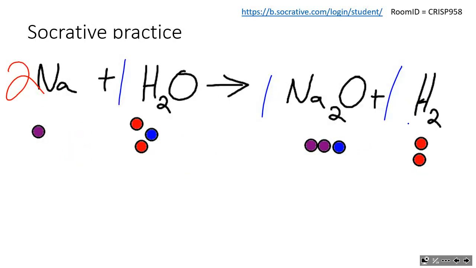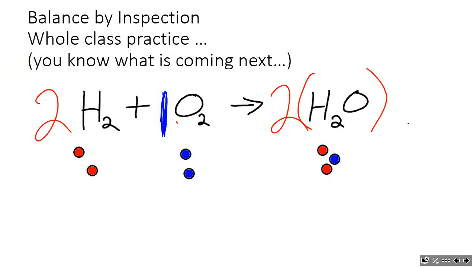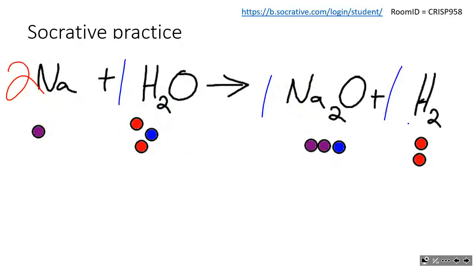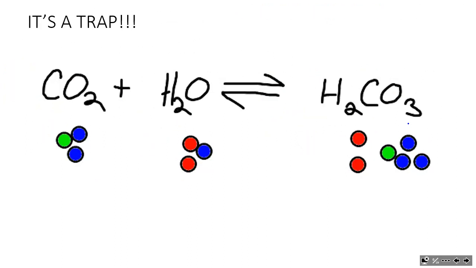Would you put the ones in parentheses as well, or would you just leave the 2s and 1s open? You don't need any parentheses anywhere with the coefficients. I think I know what you mean. When I put that one in parentheses around the water, that's not normal. I was just demonstrating that it applies to the entire molecule. Normally, you would not put that in parentheses. We just put it like this. Okay, so just ones.